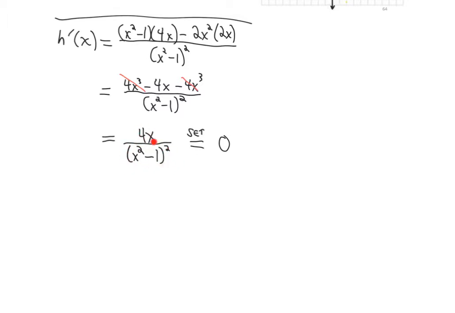Again, if I plug in 0 for x, I'll get 0 in the numerator. If I plug 0 in the denominator, I'm going to get something non-zero in the denominator, which means my only solution is x equals 0. Let's make the number line then.